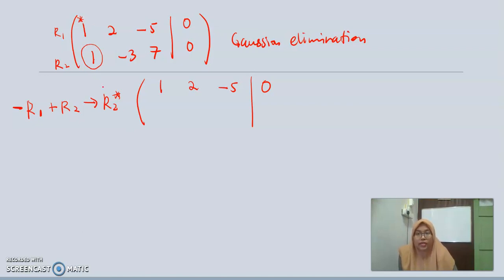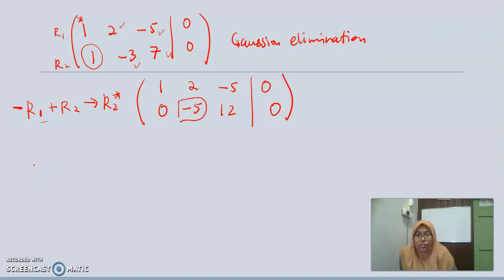Now apply this row operation. You will get negative 1 plus 1, 0 here, and then negative 2 plus negative 3, so negative 5. And the next one, negative of negative 5, so positive 5 plus 7, 12. This one is 0. The next step, I want to make this value equal to positive 1.